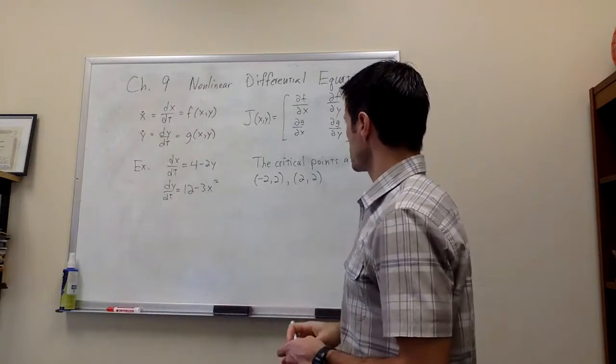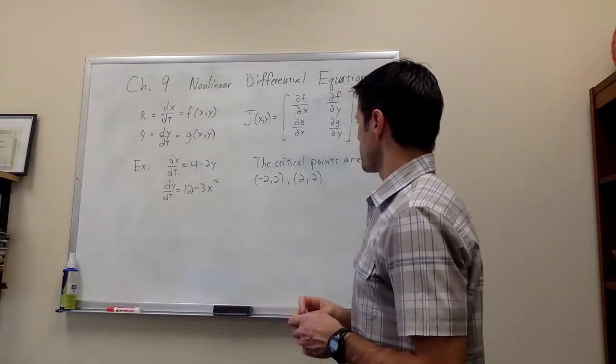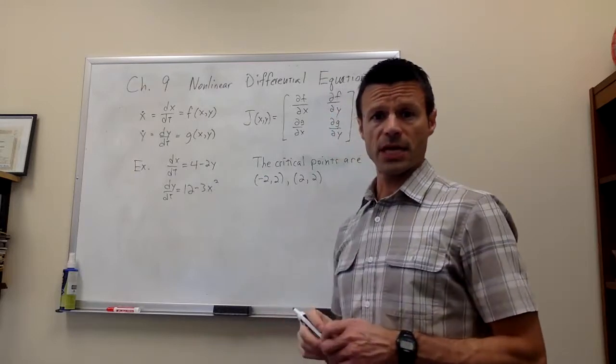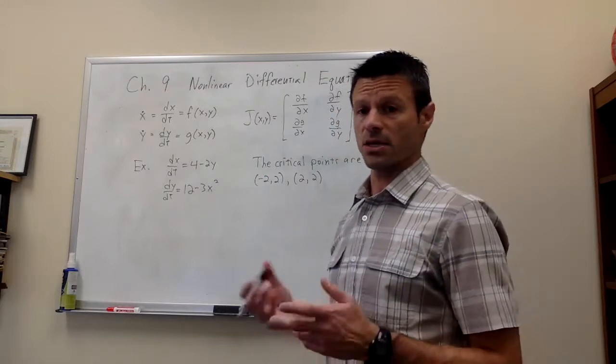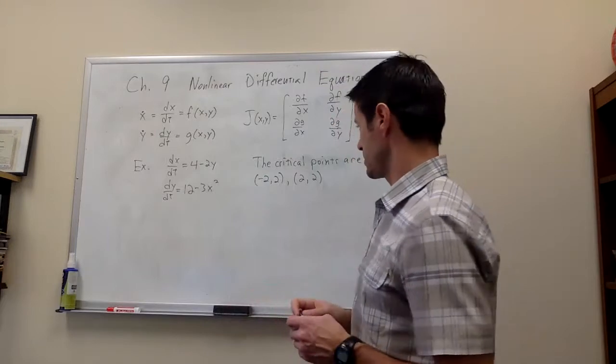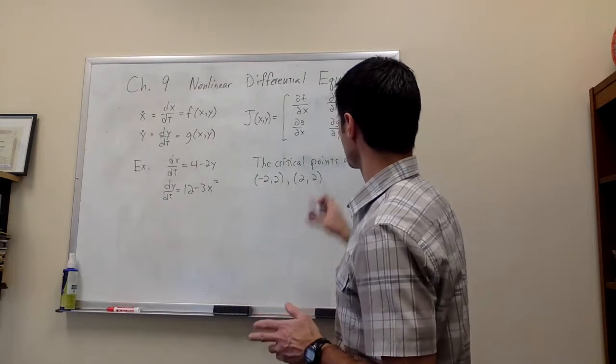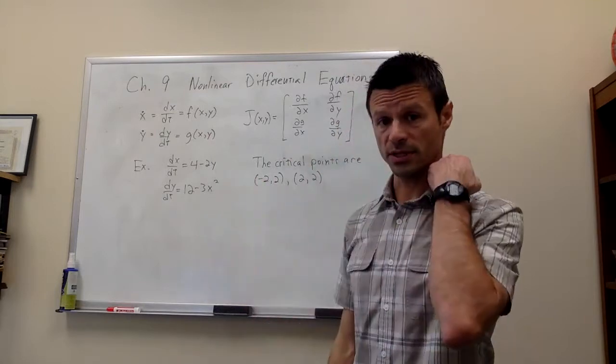And so what we're going to do is look closely at one of these critical points, and to do that, the analysis of the linear system is going to be useful. To do this analysis, we compute the Jacobian for this system.